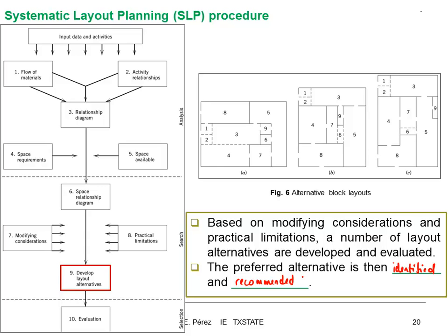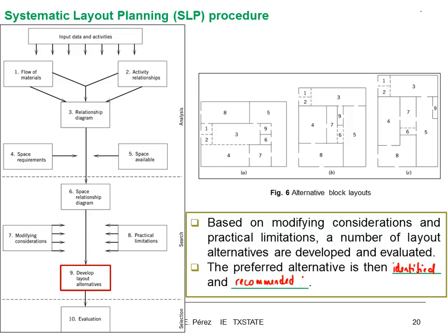Okay, so that's the evaluation step. You're going to look at your different alternatives and find out which one is the best. But right now we don't have a way to determine, based on the allocation of the departments, which layout will be better. So right now we are trying to allocate the departments based on the relationships using qualitative and quantitative information, and we are able to come up with these three designs.